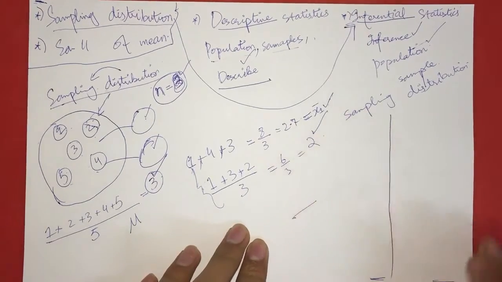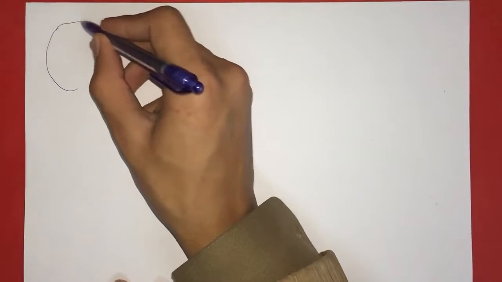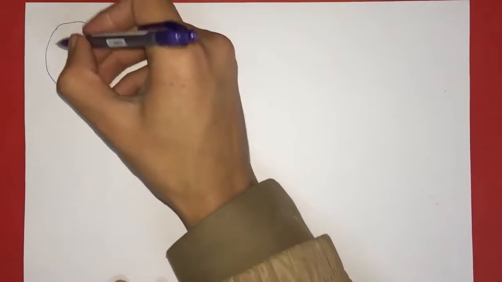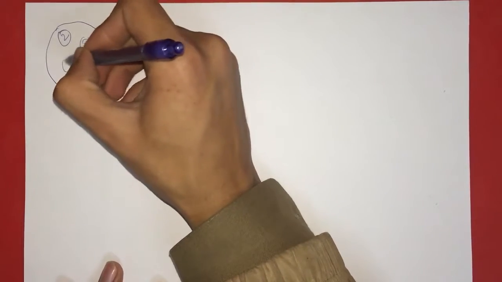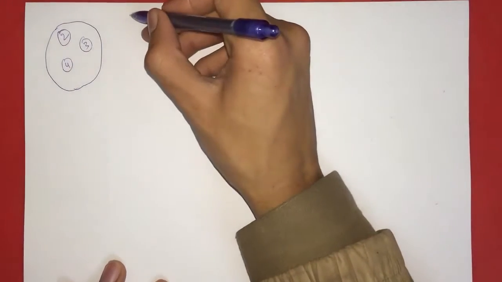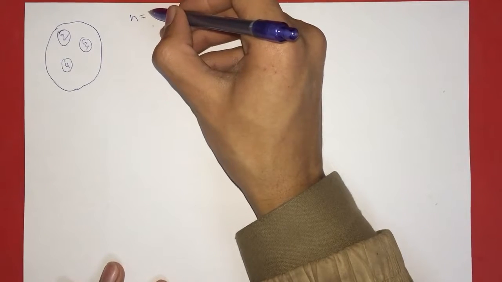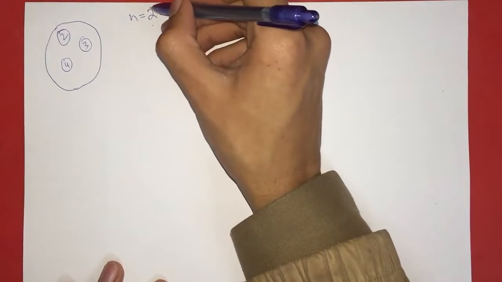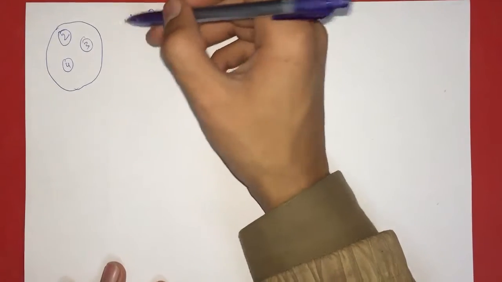It's going to take a while if I have a population of 5, so let's say I have a population of 3: 2, 3 and 4. I am to take out samples of size 2, so there have to be two elements in a single sample.